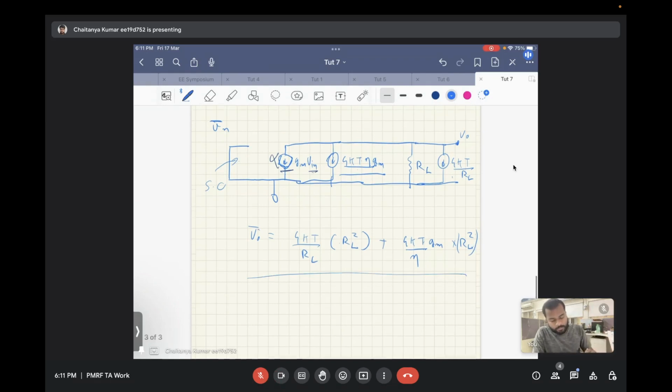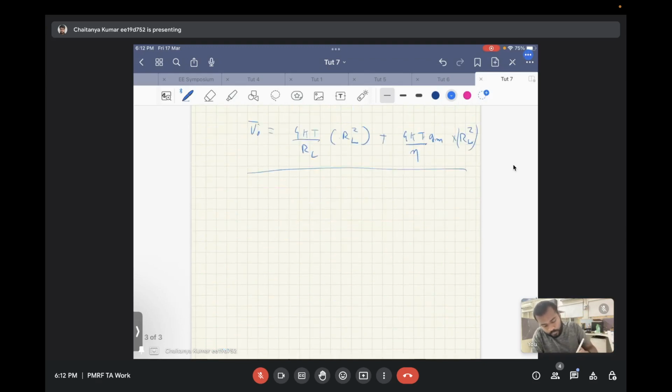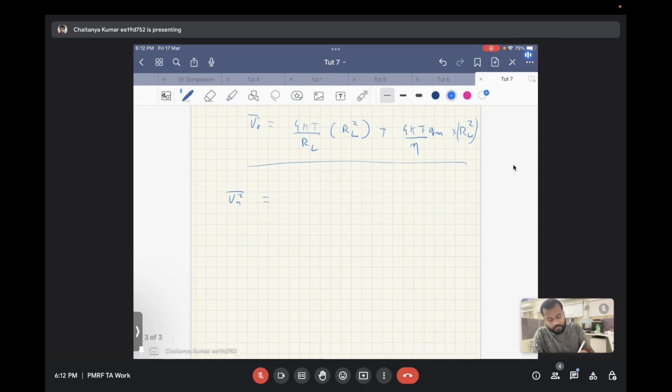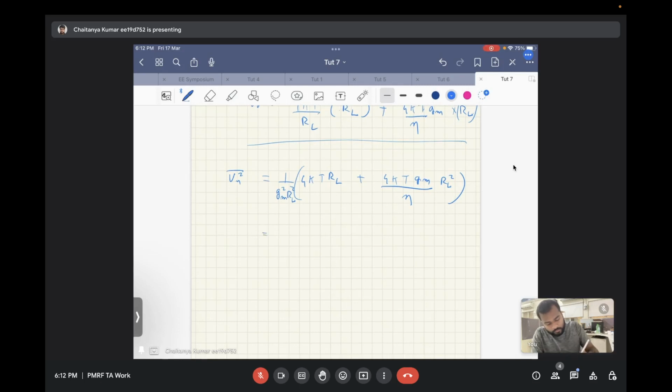So in order to find the input noise power spectral density, we will divide it by the transfer function squared, that we had as (GmRL) whole squared. So the input referred power spectral density will be 4kT by RL, so we can cancel this, 4kT RL plus 4kT Gm η times RL squared, times 1 upon Gm squared RL squared. Okay. So we have 4kT.